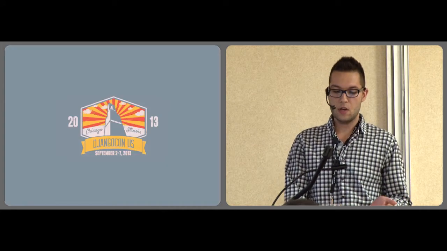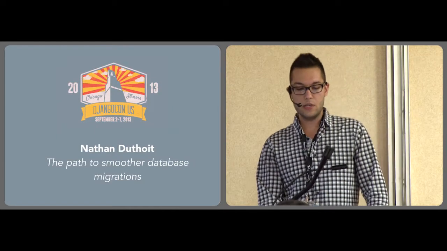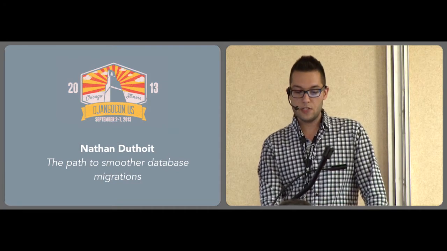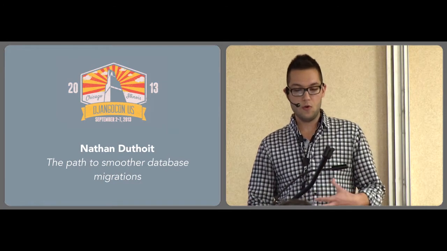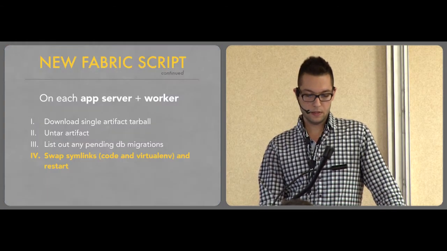This is a talk on its own. One of my colleagues, Nathan, is giving a talk at DjangoCon this year regarding database migration, specifically how you can make your code work pre and post database migrations. Highly recommended, check that out.